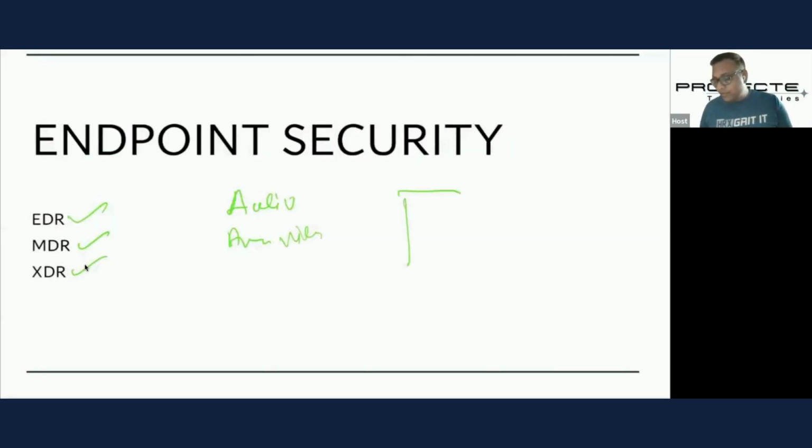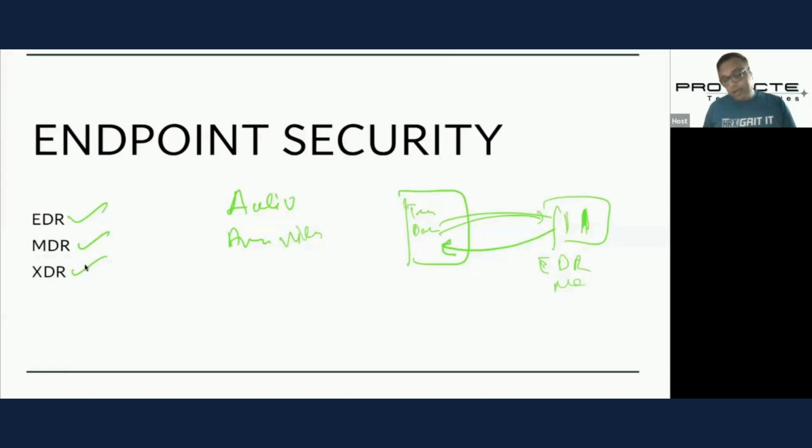What happens is that from a system, a lot of telemetry data is transported out to an EDR manager, which correlates all these signatures with a known threat intel database. If it sees a threat which has not been caught by the antivirus and anti-malware solution, it can respond and contain the situation on your endpoint. Endpoint means your laptop, your mobile, or your server.